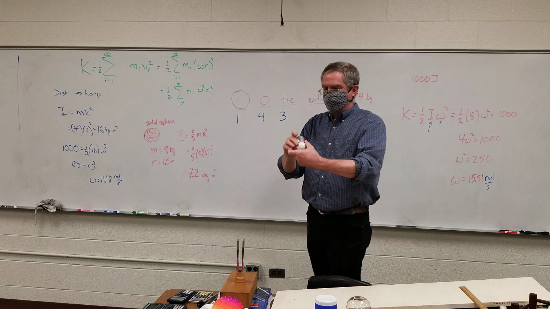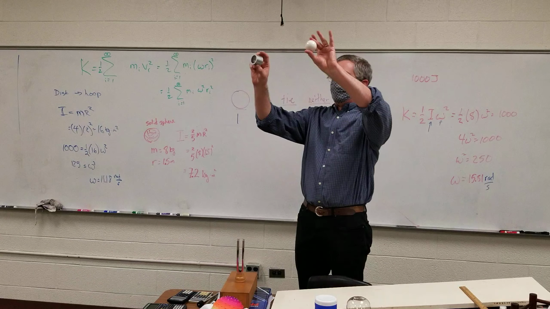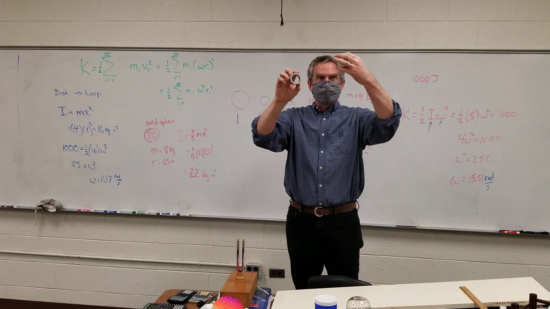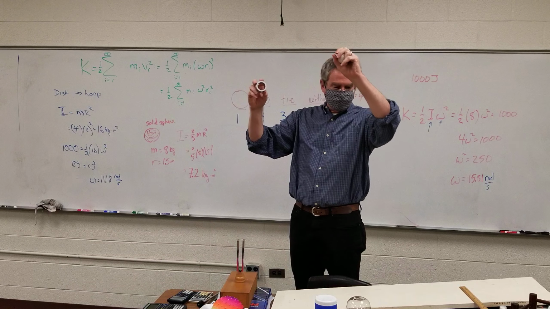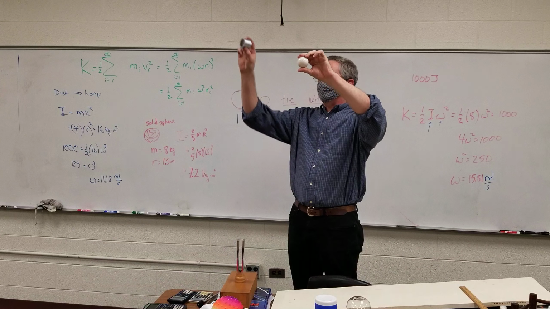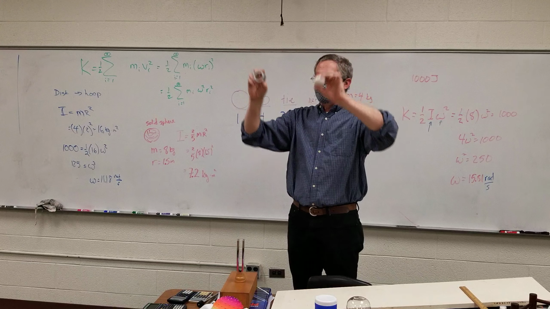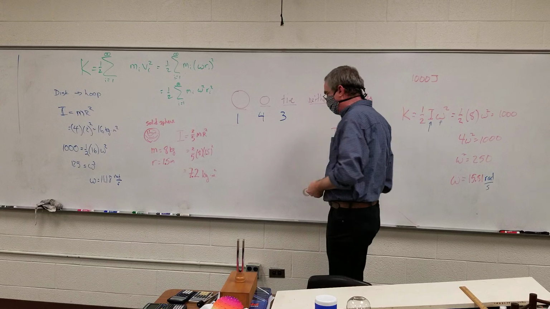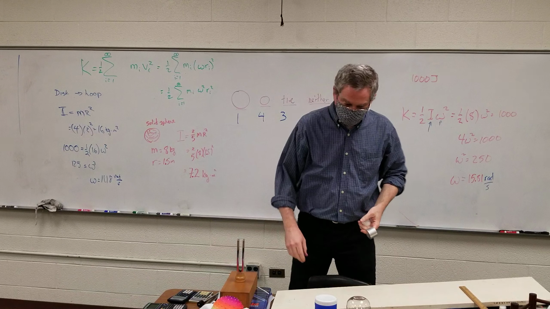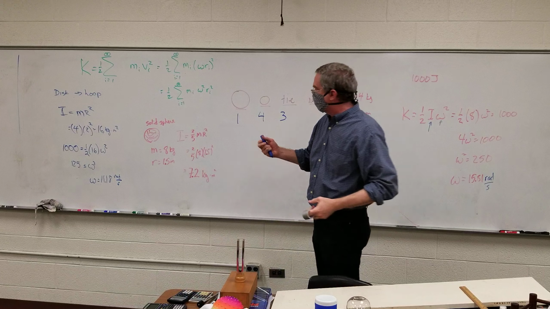So let's say two things that are pretty much the same radius. I'm pretty sure that's solid as opposed to hollow. And then we have the hoop. Have an opinion. I'm not asking you to justify it.